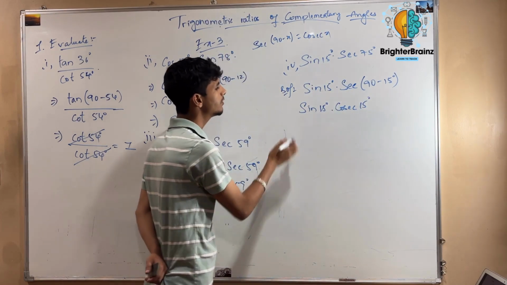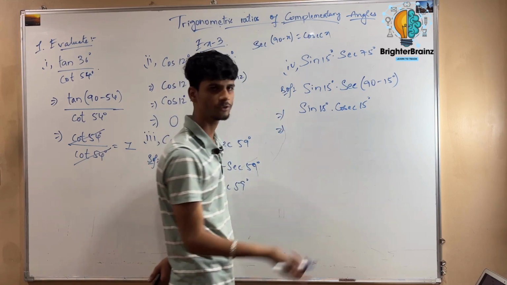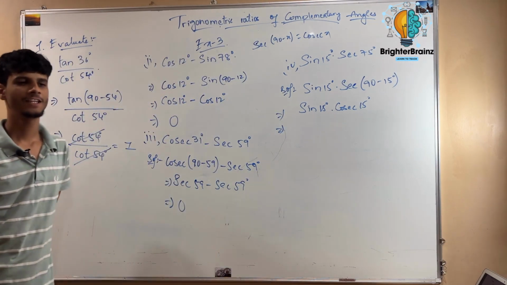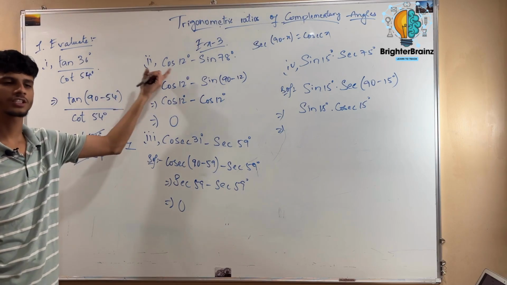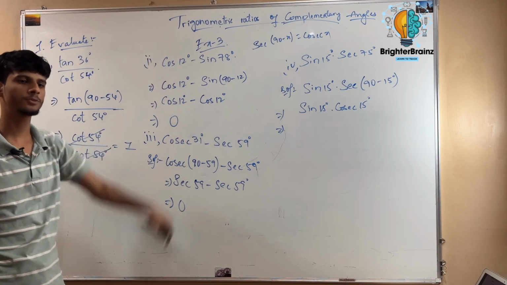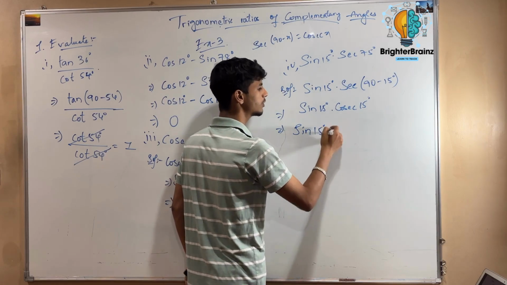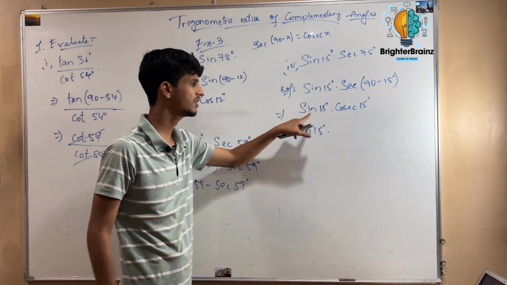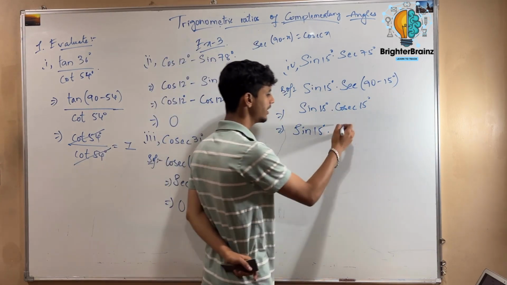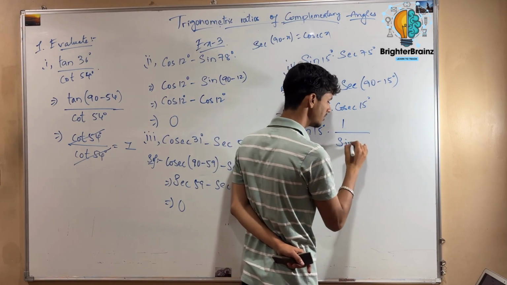Now there are no cancellations here. How can you proceed? Here we use the concept of the first exercise, the basic introduction concept. We know that cosecant is the reciprocal of sin. So can we write this cosecant 15 as 1 by sin 15?